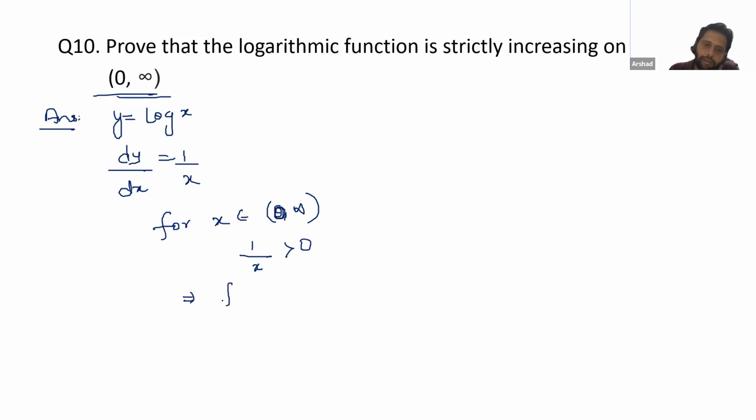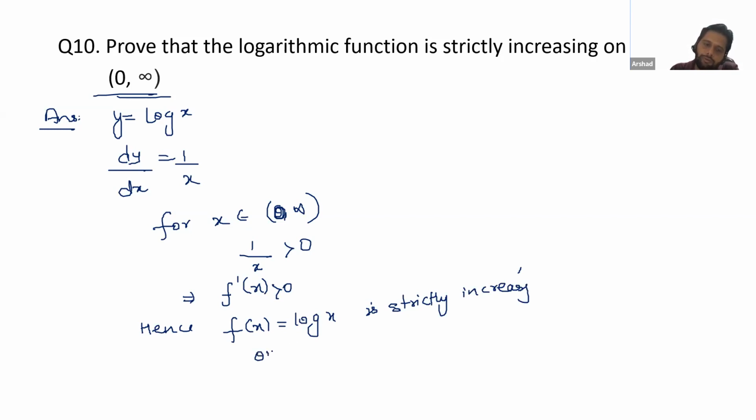Hence, f dash x is greater than 0. Hence, f(x) equals log x is strictly increasing on 0 to infinity. I hope everyone understood this.